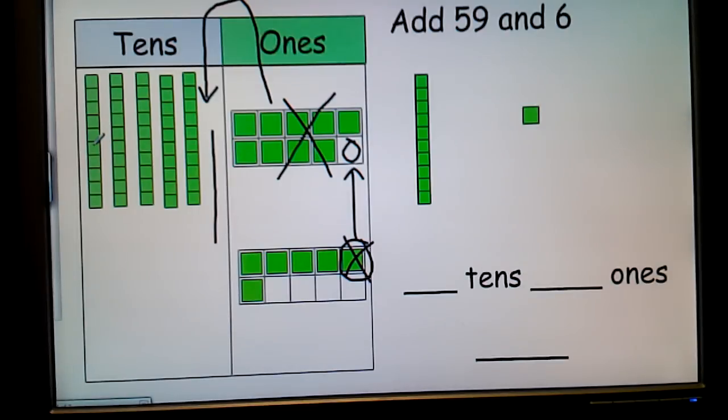How many do I have left over? 1, 2, 3, 4, 5, 6. And how many ones do I have left over? 1, 2, 3, 4, 5. 6 tens, 5 ones is the same as the number 65. Therefore, 59 and 6 equals 65.